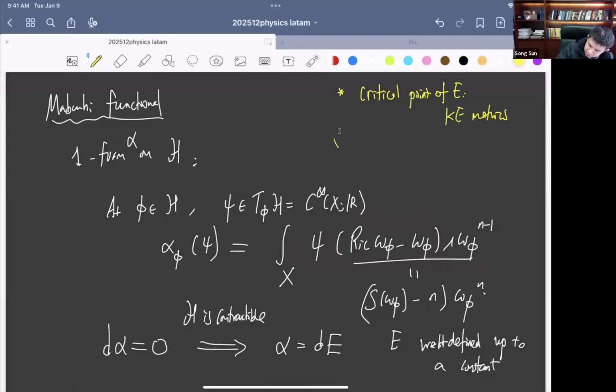And second, E is convex on H along geodesics. So this involves computation. This is not magic. There are some interpretations, but that's more complicated, and we will not talk about that.